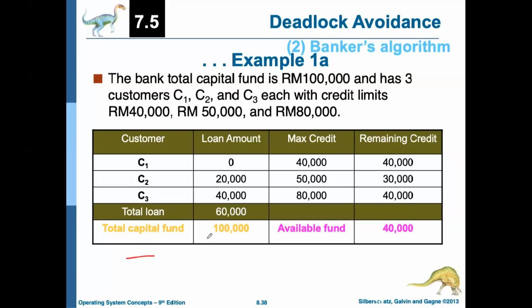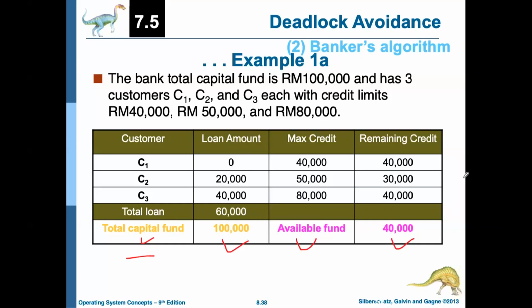If you look here, this is the total capital fund, this is the total loan and available, and this is the remaining credits for each of the customers.